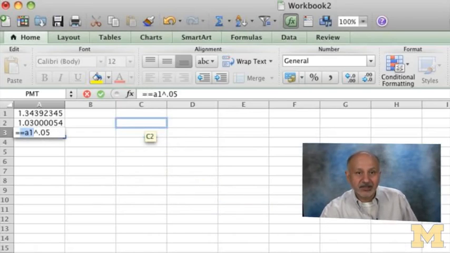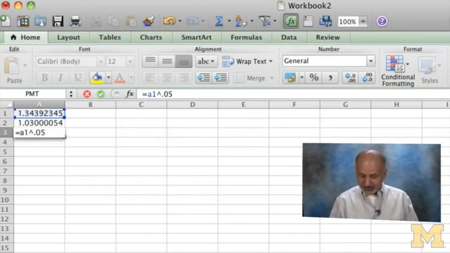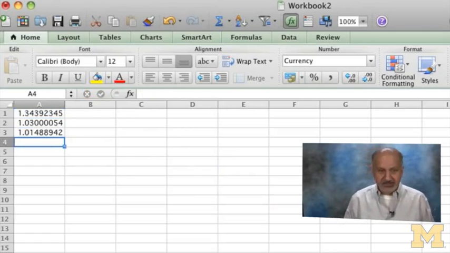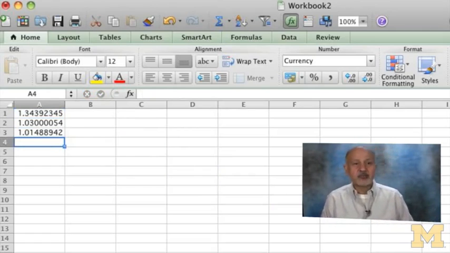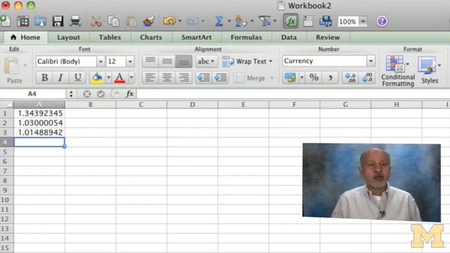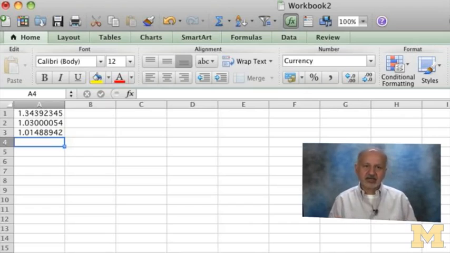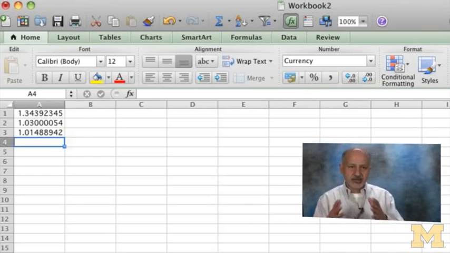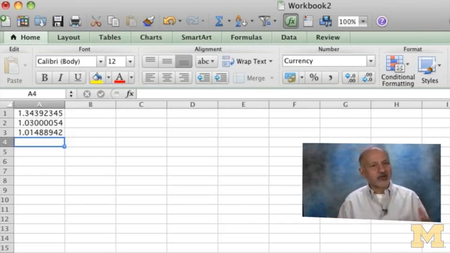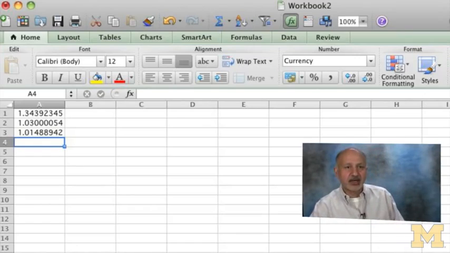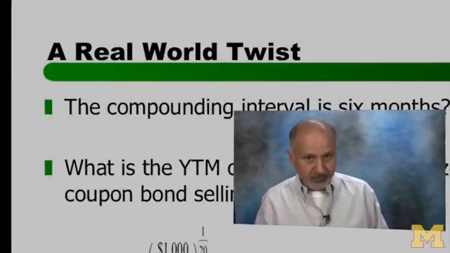I can see what I did. My nervous hand put 2 equals. You see, I make very silly mistakes. So 1.01489. So you see how I did it. I'm just showing you that the fact of compounding is the only reason that calculations become a little bit tricky and difficult. Okay, so let's move on.